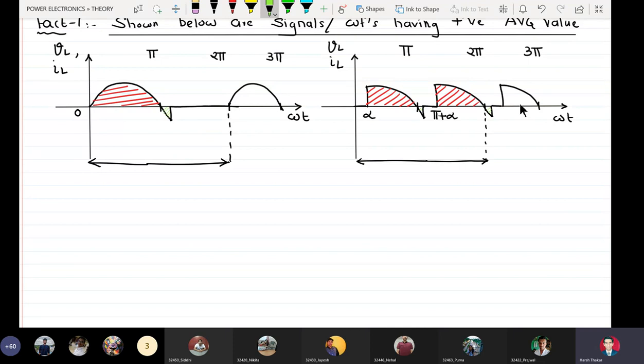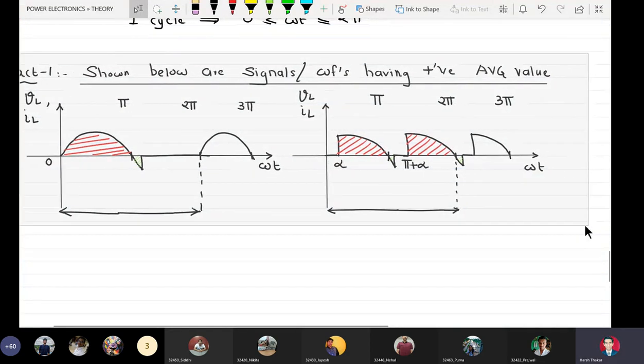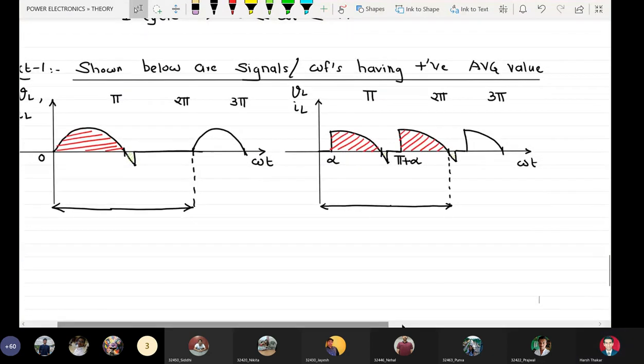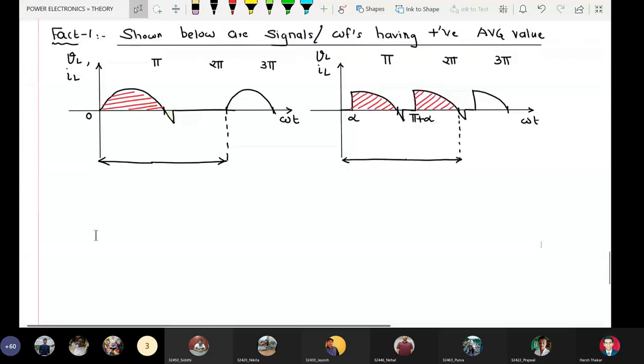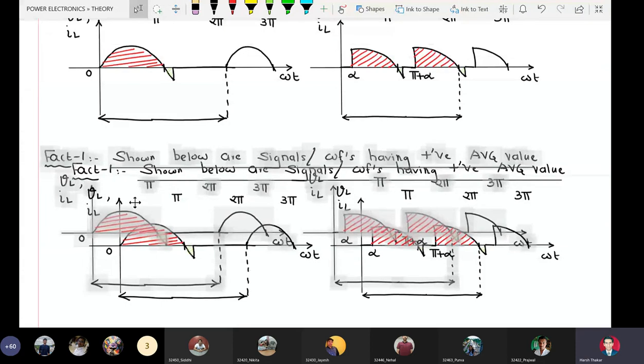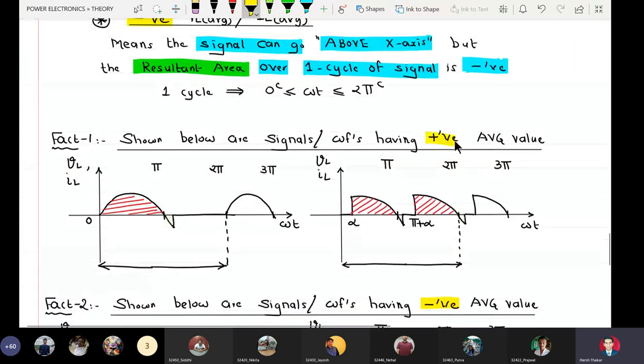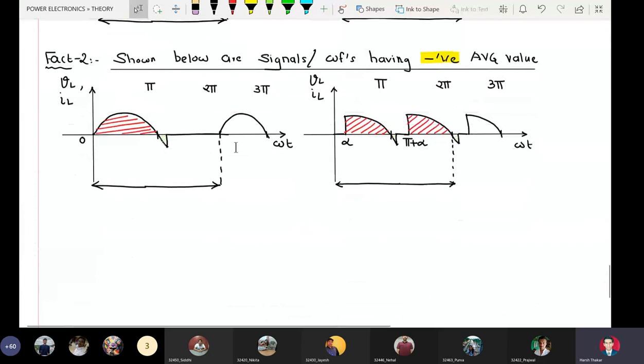Okay, now we give the example of the second fact, having negative VLAVG. Fact 2, having negative average value.